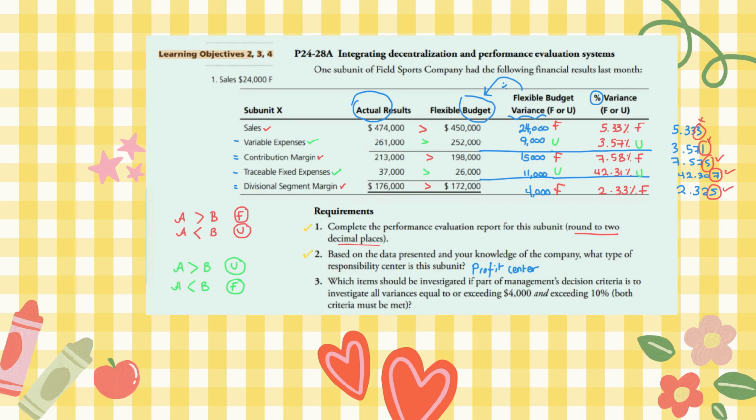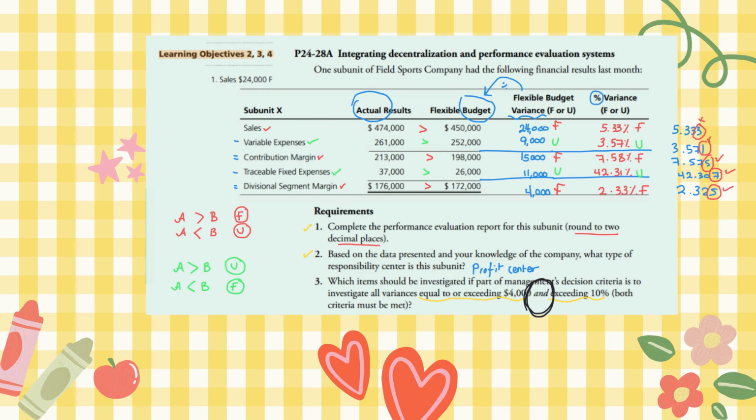Let's read requirement number 3. Which items should be investigated if part of management's decision criteria is to investigate all variances equal to or exceeding 4,000, and for the percent variance exceeding 10%. Now the most important part in this statement is this and. Okay?